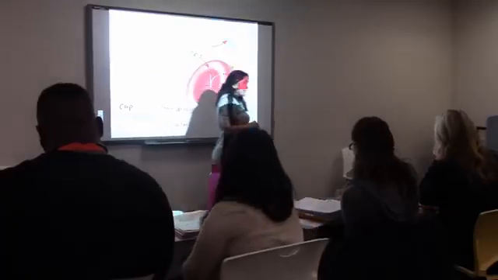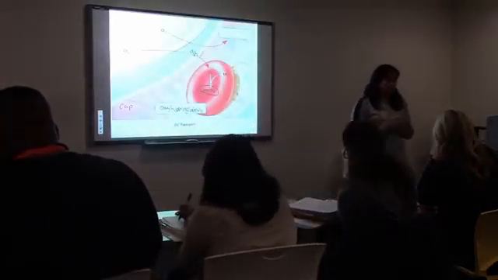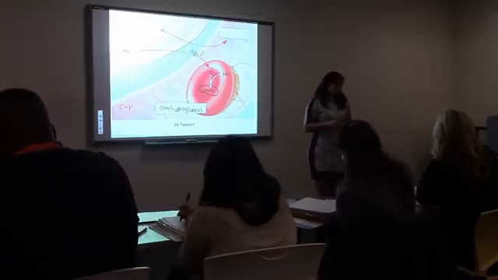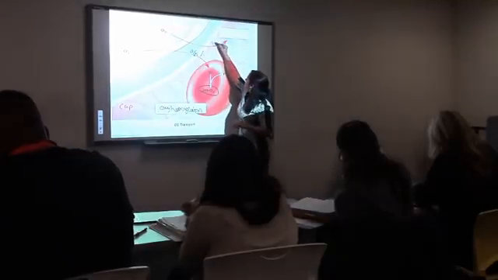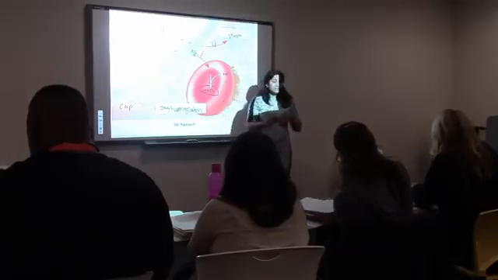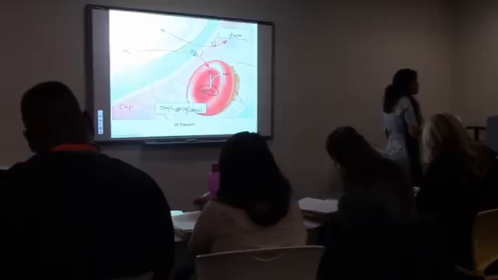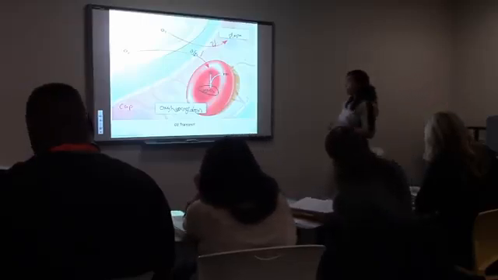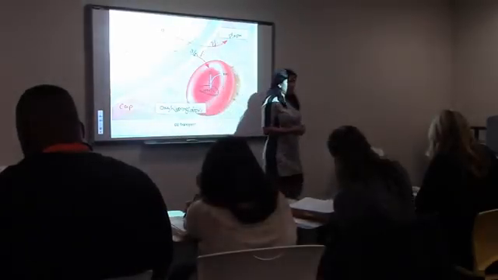So 98% of oxygen will bind to hemoglobin. And when oxygen is bound to hemoglobin, we call it oxyhemoglobin. About 2% just dissolves in plasma. So 98% is bound to hemoglobin. Roughly 2% is dissolved in plasma. That's how oxygen is transported in our blood.